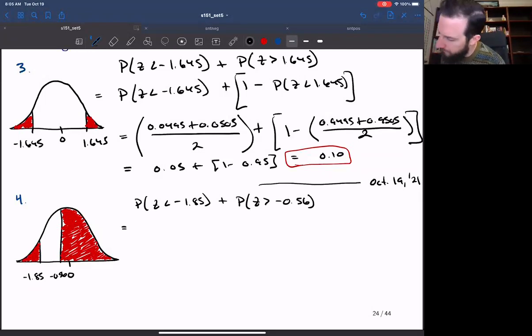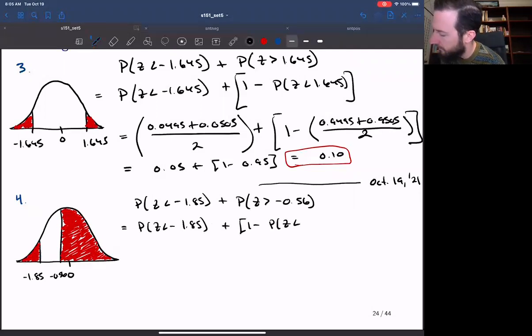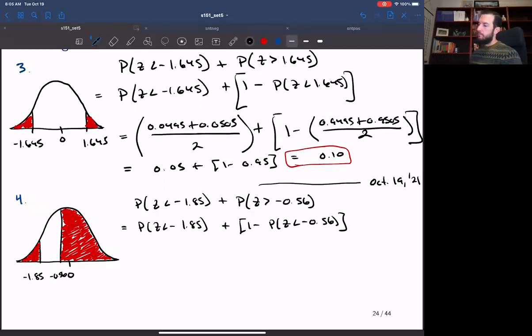So this is the probability Z is less than negative 1.85 plus 1 minus the probability that Z is less than negative 0.56. All right, so all we have left to do now is look up the two Z scores. So we go to our standard normal table. We're working with two negative values in this case. So we have negative 1.85 and we have negative 0.56.